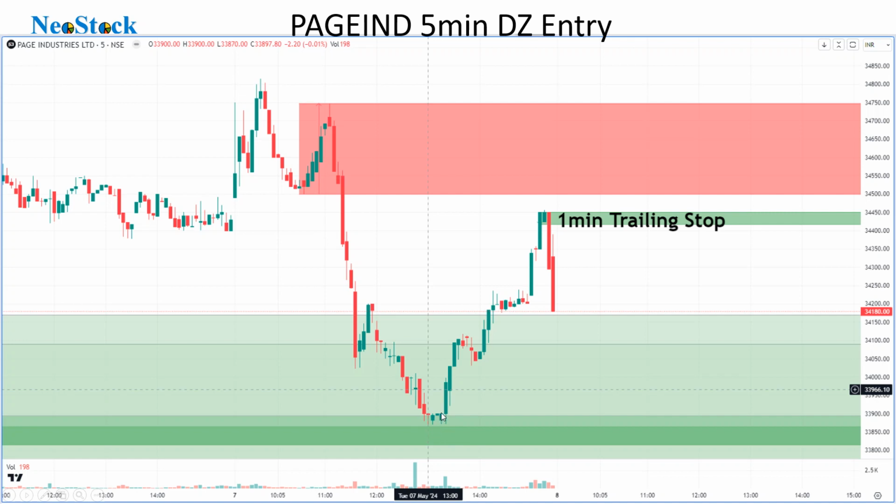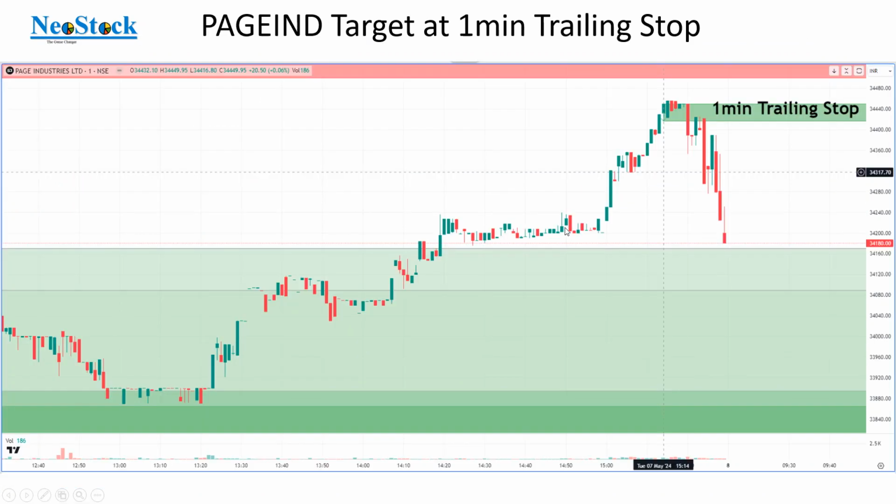We got the entry and then prices started moving up and they came very close, but they failed to reach the 15 minutes target slightly. But the 1 minute trailing stop loss, the moment it hit the stop loss, you would have exited from this trade. That way you would have booked your profit.